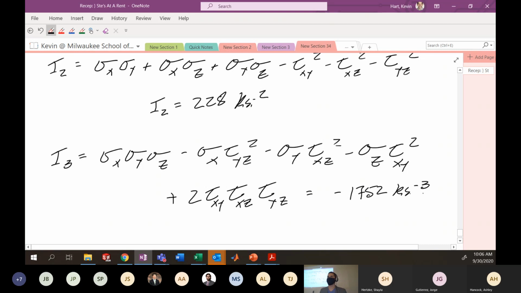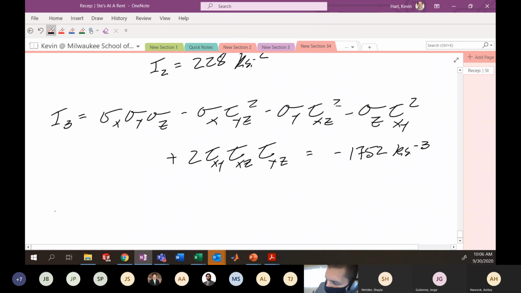Those get fed into the coefficients of the cubic equation that we can use to solve for principal stresses. So then we have the following equation to solve for the principal stresses. Going to be sigma cubed minus 36 sigma squared.